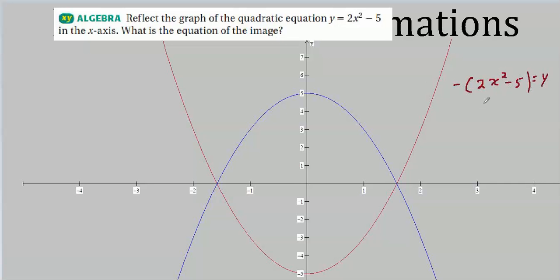But that's the same as writing y equals minus 2x squared plus 5. So this transformed equation, that's the blue line, and the original is the red line. Notice that to reflect about the x-axis, all we had to do was take the negative of y. Well, that's about it.